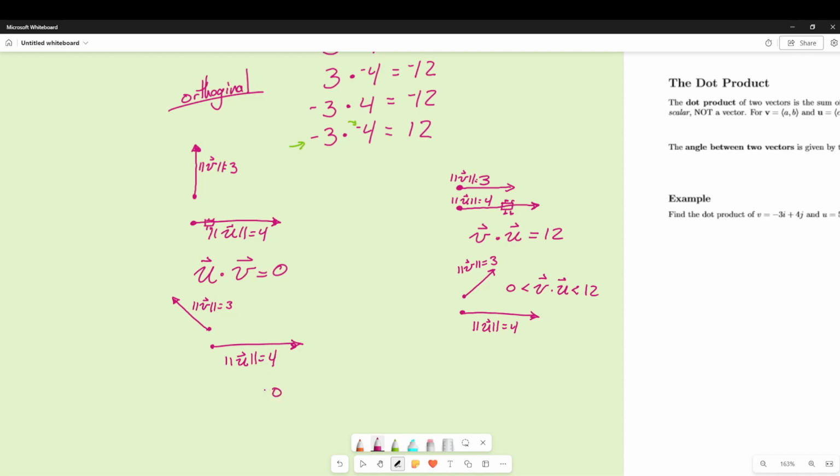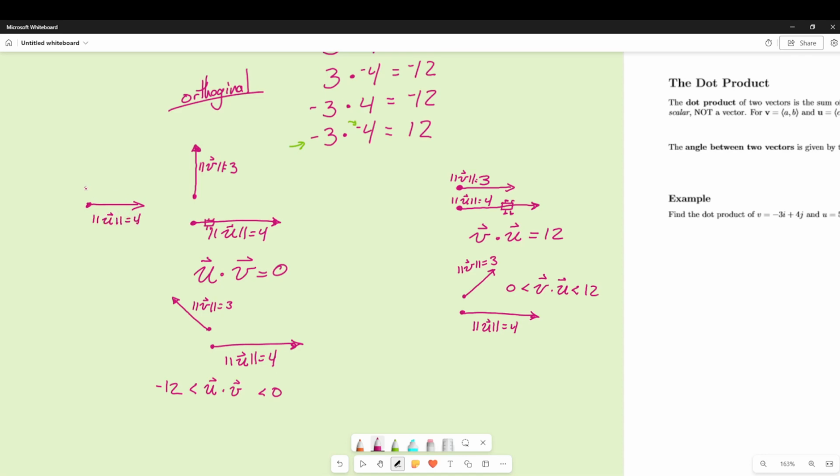So their dot product is going to be negative, because they're pulling against each other, but it's not going to be the full negative 12 that we could get if they were working in perfect opposition. We don't get that negative 12 unless they're headed purely in opposite directions.